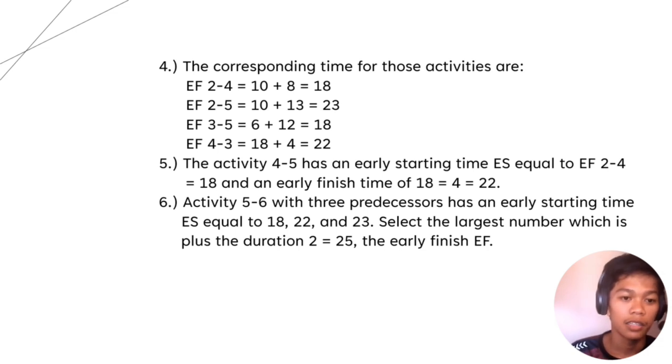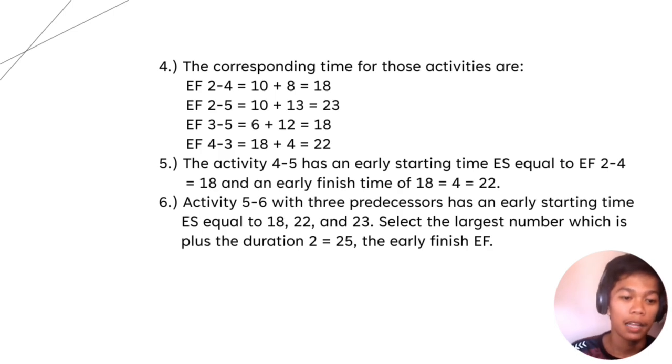The corresponding times for those activities are: EF of 2 to 4 equals 10 plus 8 equals 18. EF of 2 to 5 equals 10 plus 13 equals 23. EF of 3 to 5 equals 6 plus 12 equals 18. EF of 4 to 5 equals 18 plus 4 equals 22.